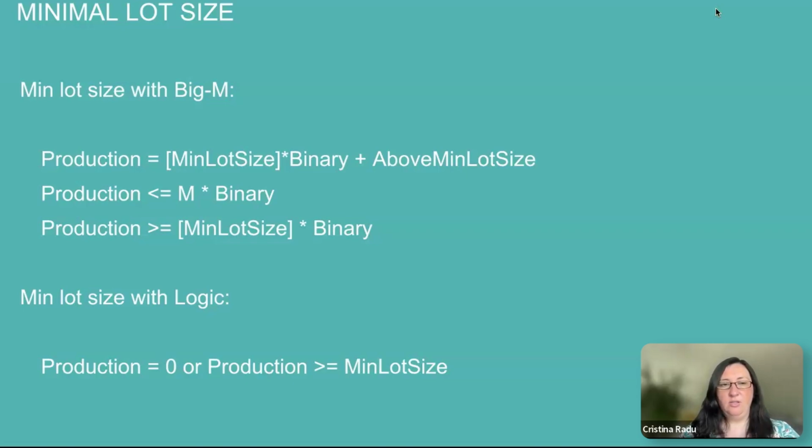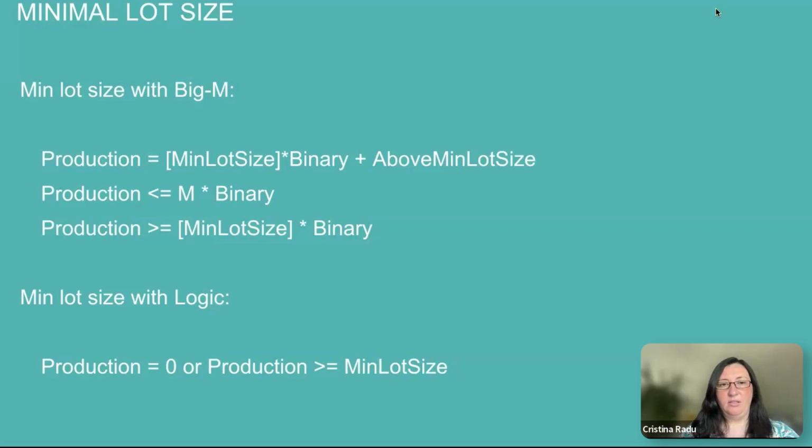And these are the equations. So the production needs to be equal to the lot size, yes or no. That's the binary and the above in lot size. And then you need extra constraints to flip the binary. So the production should be less than a big M times the binary, and bigger than the lot size times the binary.